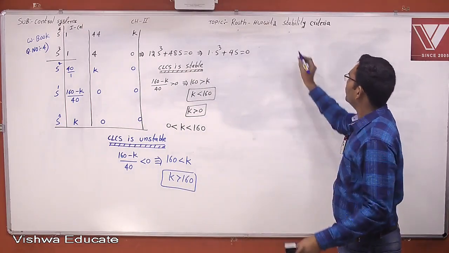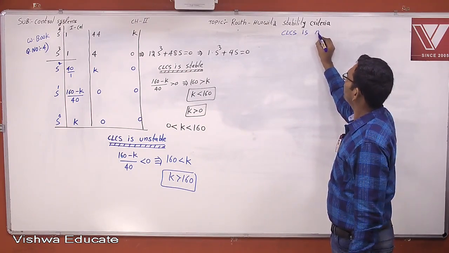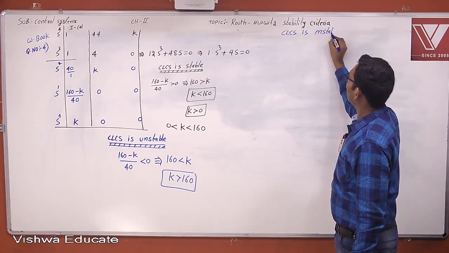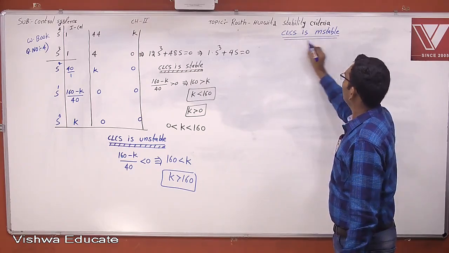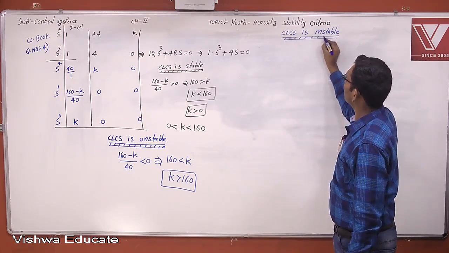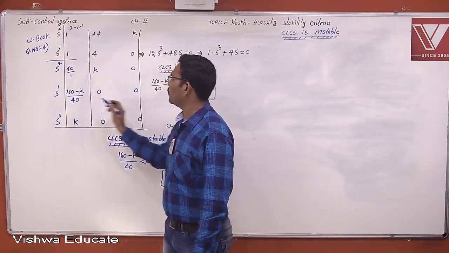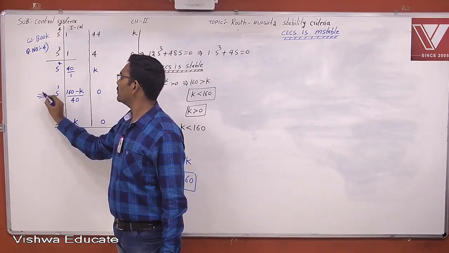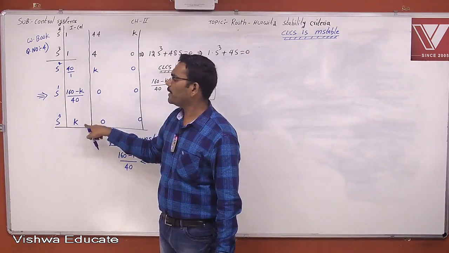And when the closed loop control system is marginally stable, but this is not order 3, this is order 4. So, see the tabular form and decide when it is marginally stable. If it is marginally stable, one complete row becomes 0. The auxiliary equation must be even power. Don't make k equal 0.